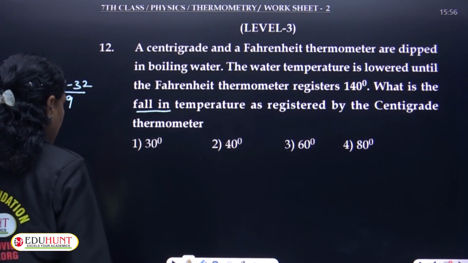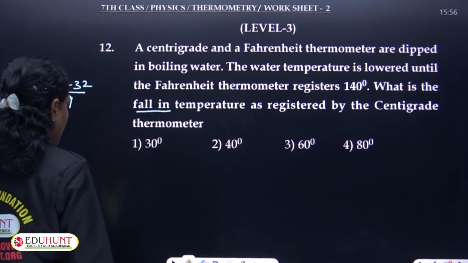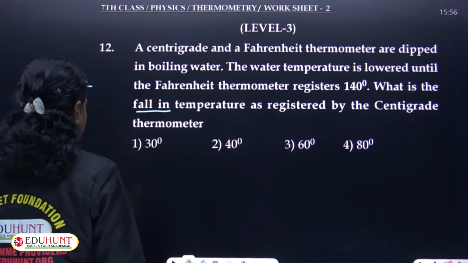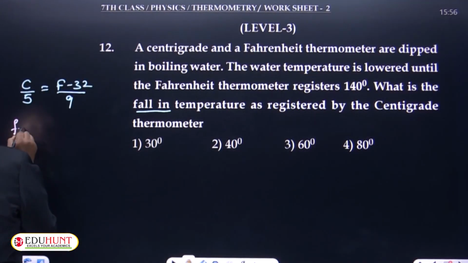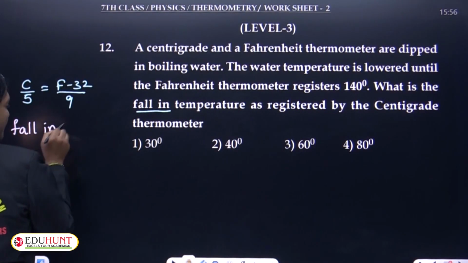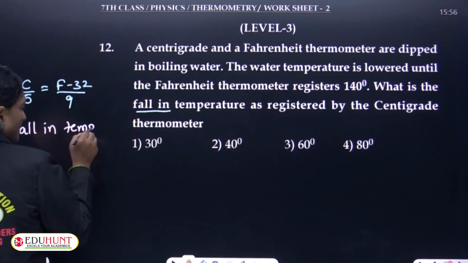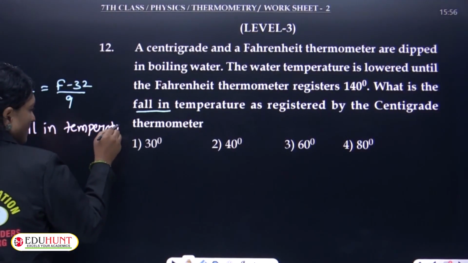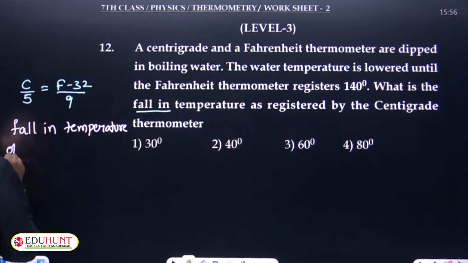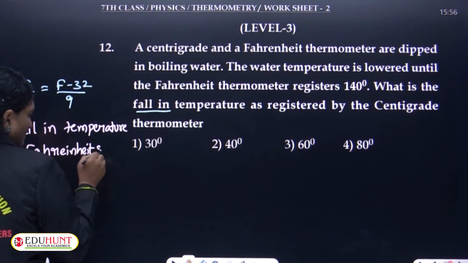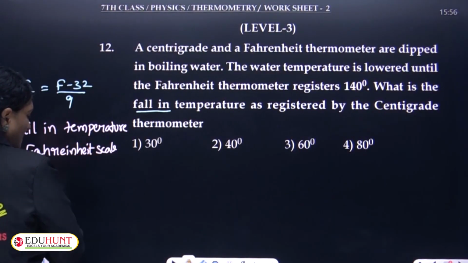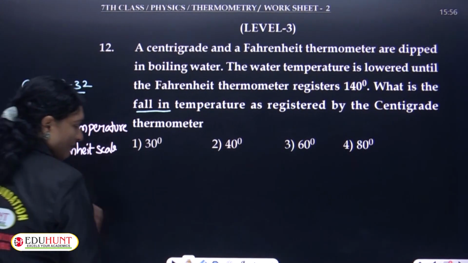So, properly finding the fall in temperature on the Fahrenheit scale, listen carefully, children. Fall in temperature of the Fahrenheit scale, whose value is given as delta F.